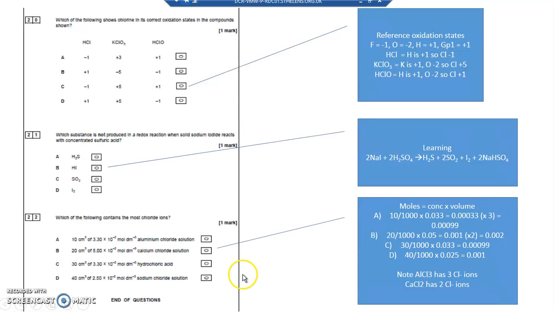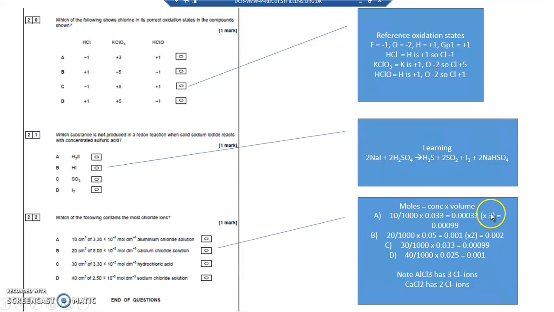You do the same for all of the others, so 20 divided by 1000 to get that into decimeter cubed, multiplied by the concentration gives the number of moles. I'll come to the multiplied by 2 in a minute. 30 and 3.3 times 10 to the -2. 30 divided by 1000 to get 30 centimeter cubed into decimeter cubed, multiplied by the concentration, and same for D, 40 divided by 1000 multiplied by 0.025.